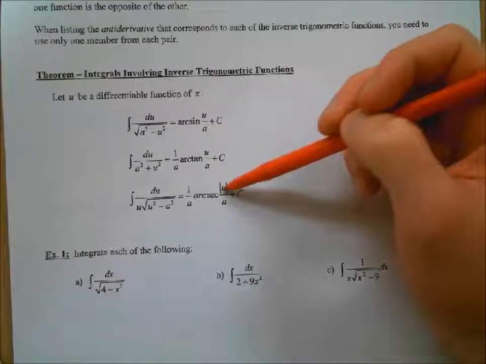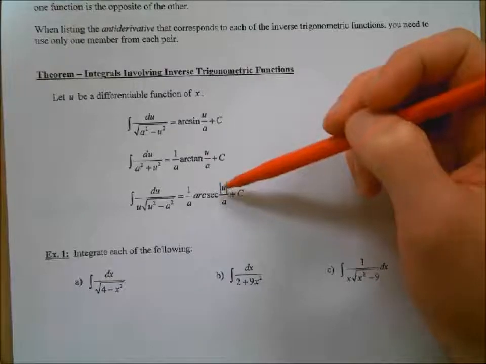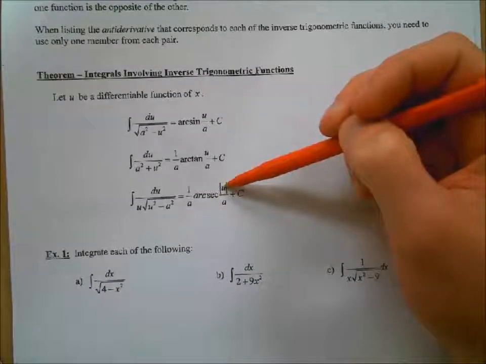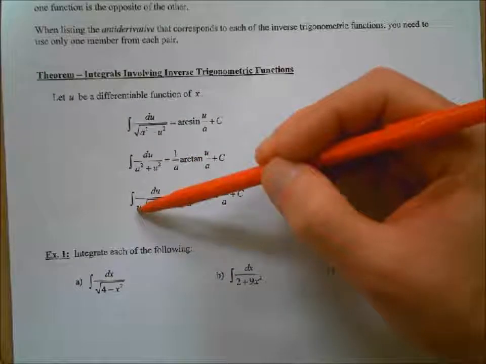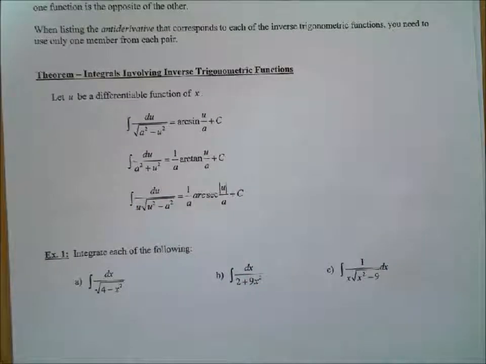You can help remember that, just like when you take the derivative of arcsecant, you end up with the absolute value of u in front and the square root of u squared minus a squared. You will need to have these down. It's helpful if you remember those derivative rules, because the integral rules follow pretty much from that. It's the reverse of those.